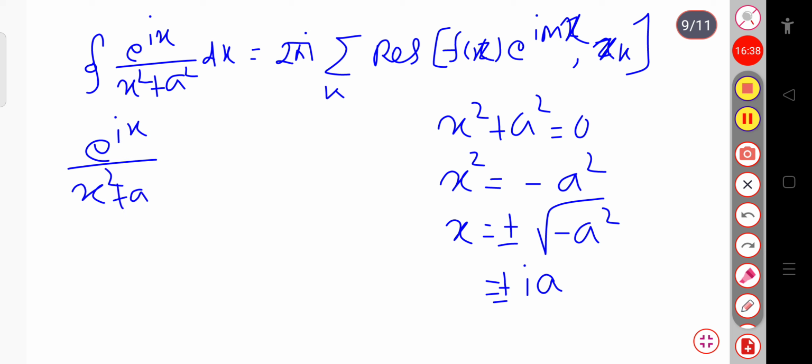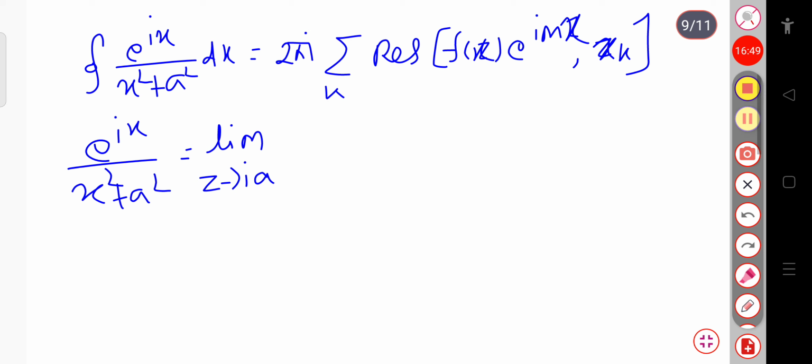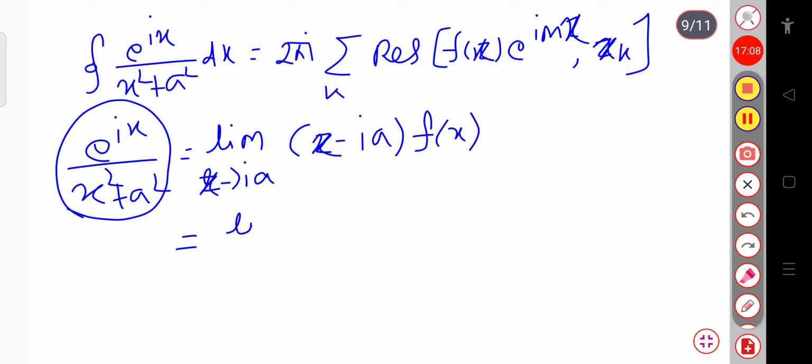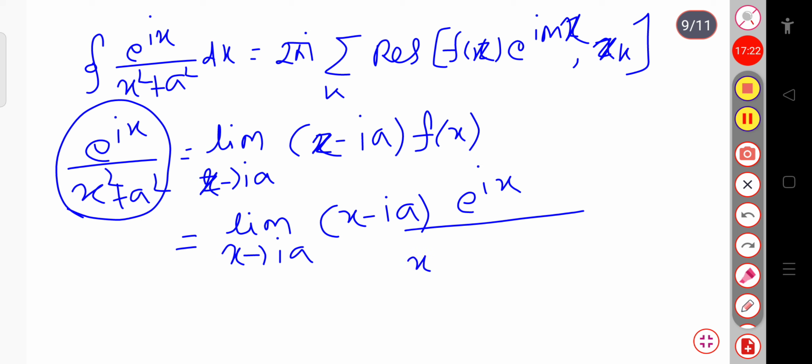In place of f of x, I can write exponential ix divided by x square plus a square, which can be written as x minus ia into x plus ia, since these are the two roots of the equation x square plus a square.